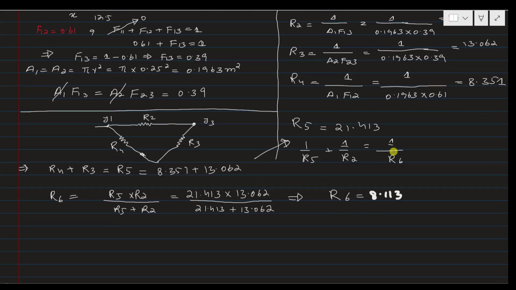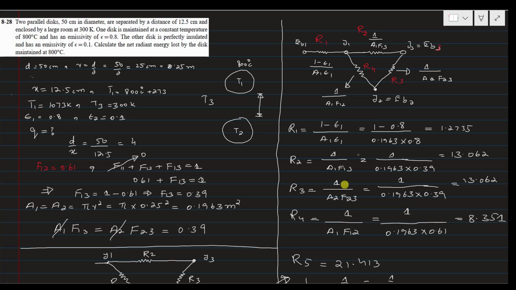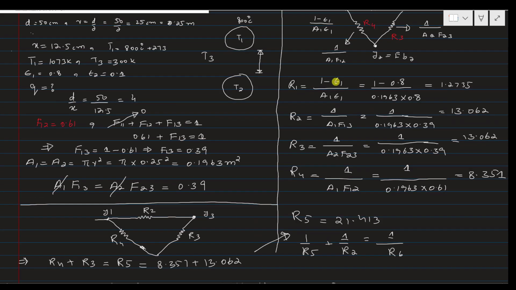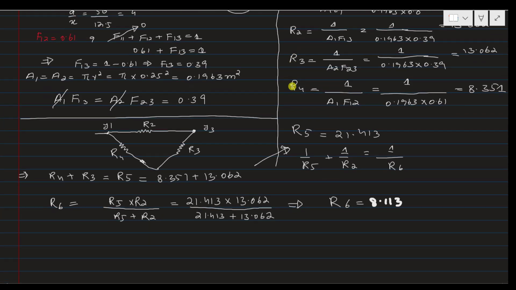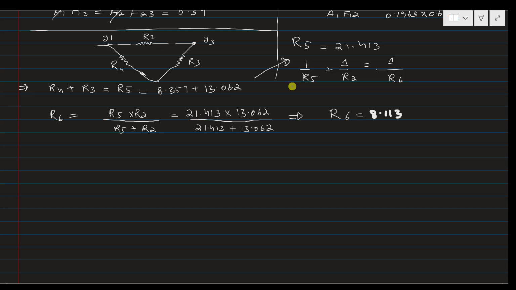So this resistance R6 is basically in series with the resistance R1. In this way, by adding the resistances R1 and R6 of this resistance network diagram, you can find the total resistance that is offered to the heat lost by this disk that is at 800 centigrade. So the total resistance is R6 plus R1.